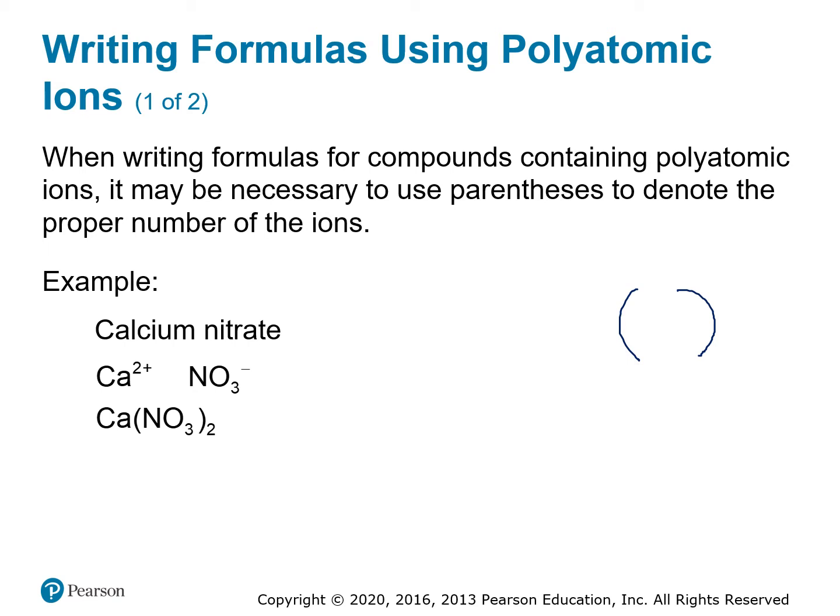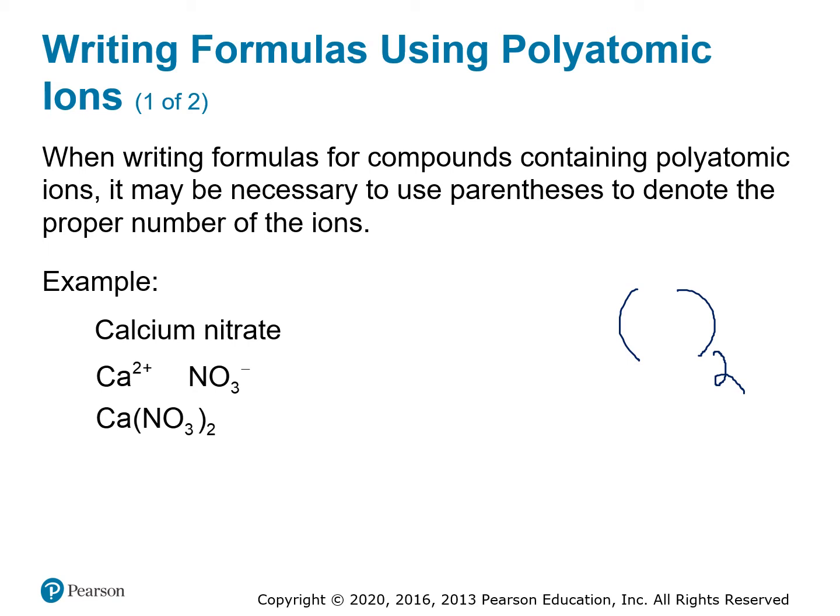That tells you it's 1 unit. And if you have more than 1, then you put a number in the subscript to tell how many polyatomic ions are present there. So let's look at an example.